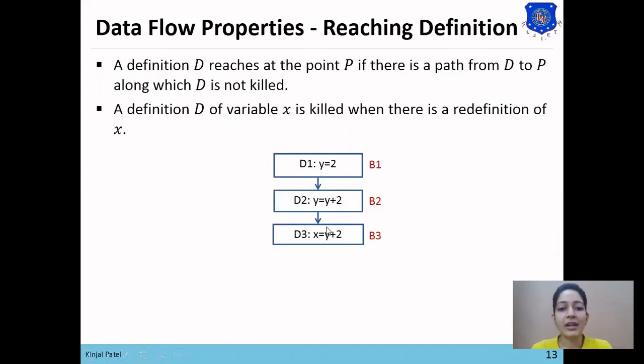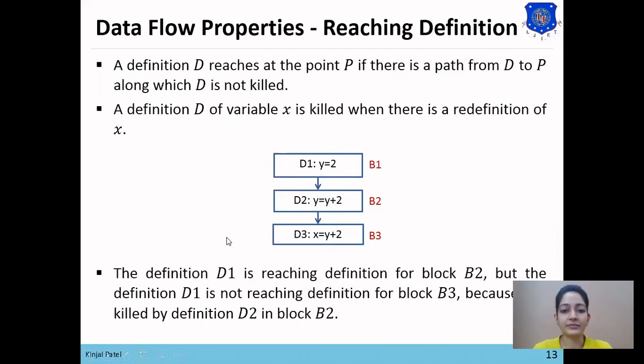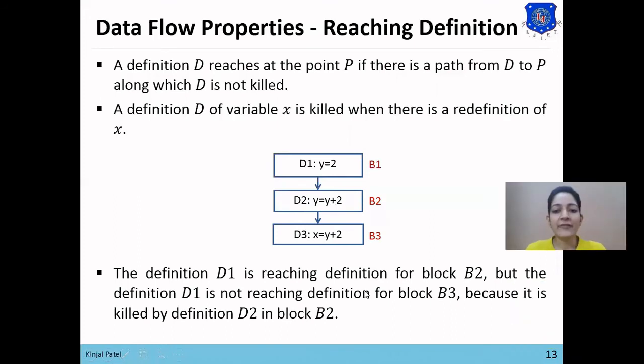But as the value of y has been redefined by B2, D1 does not reach to D3. So the definition D1 is a reaching definition for block B2, but it is not a reaching definition for block B3 because it is killed by definition D2 in block B2. So this property is used in constant and variable propagation in code optimization.